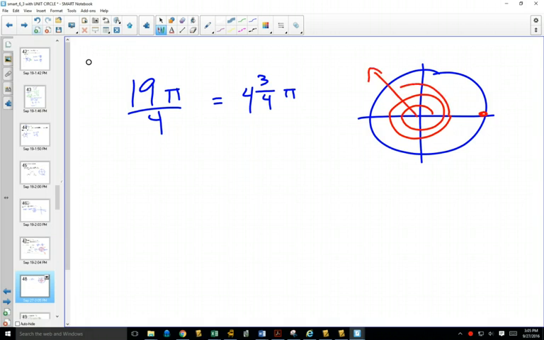This is going to end in quadrant 2. What is your pi over 4 family member in quadrant 2? 3 pi over 4. So 3 pi over 4 is coterminal with 19 pi over 4.